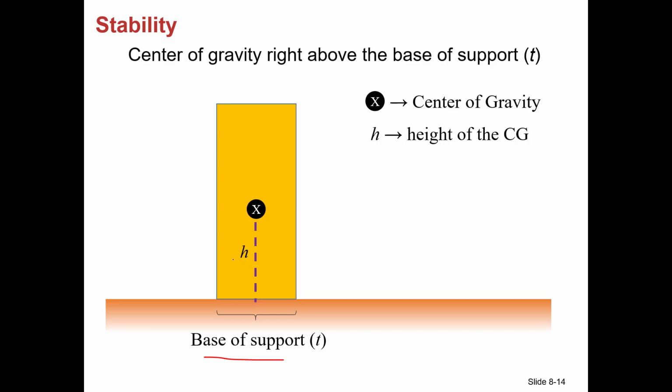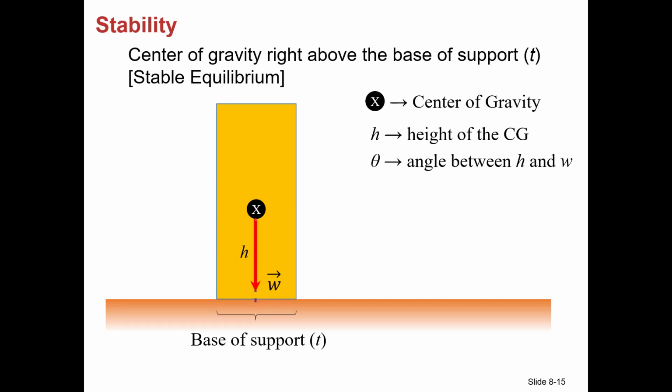If the weight is concentrated at the center of gravity, then the weight would be pointing down from that point. In this case, this height, the dashed line, and the weight are on the same line. If we consider the angle between h and w to be theta, then in this case this angle would be 0, because they are on the same line.